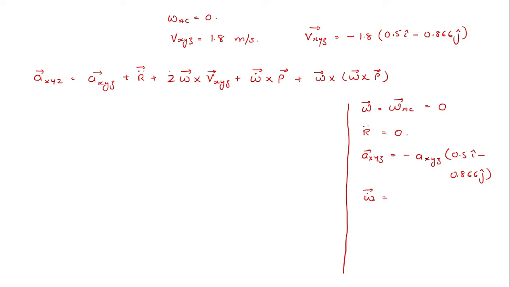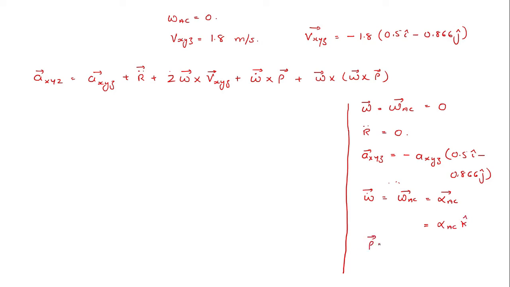Omega dot vector as such, we don't know the value. So I'll write it in terms of alpha. Now alpha AC also I'll assume to be in the anti-clockwise direction, so I can represent it as alpha AC into k cap.